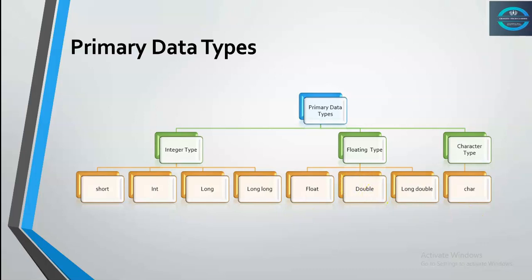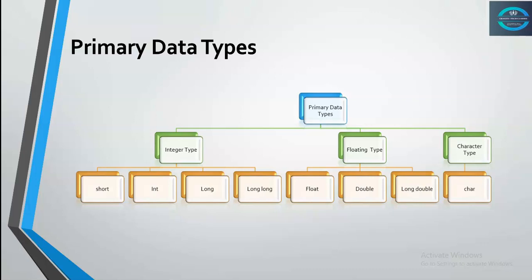Now, the size of an integer basically depends upon the operating system architecture. If the operating system is 16-bit, then the size would be 2 bytes, whereas if the operating system is 32-bit, then the integer size will be 4 bytes. So in this video we will assume the system is 32-bit.